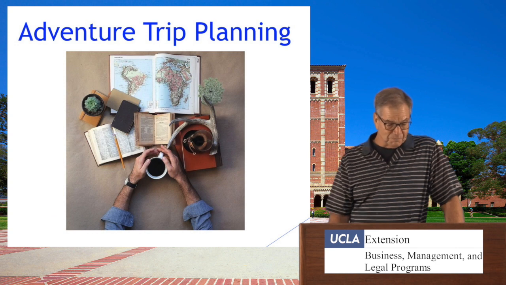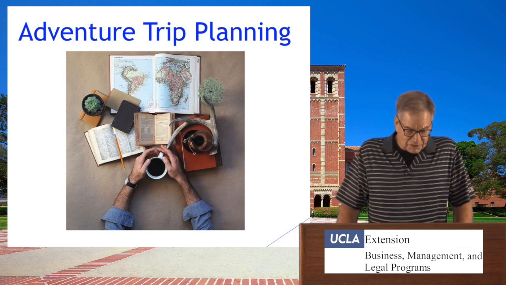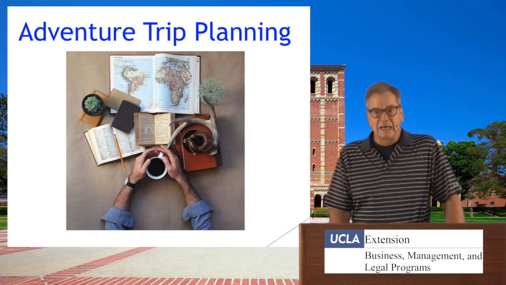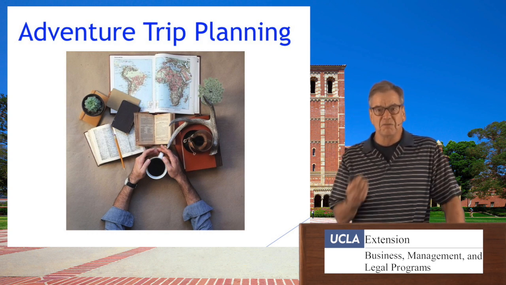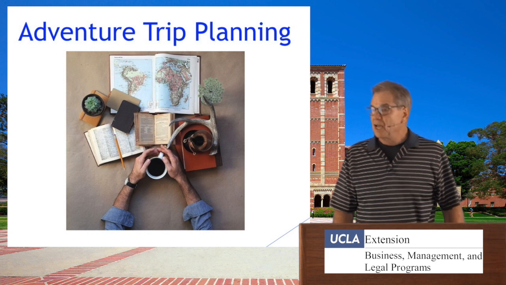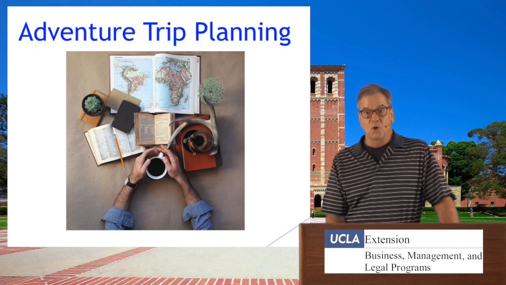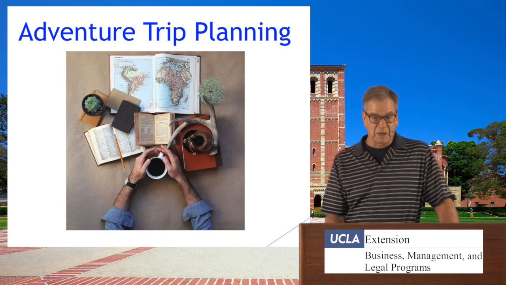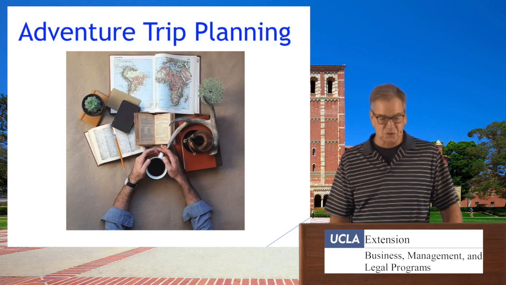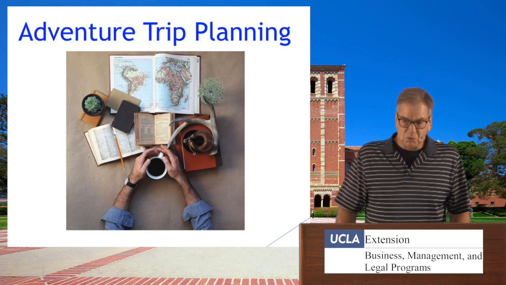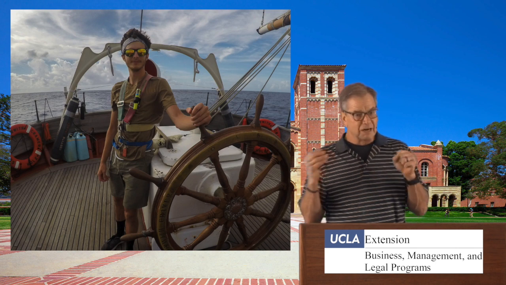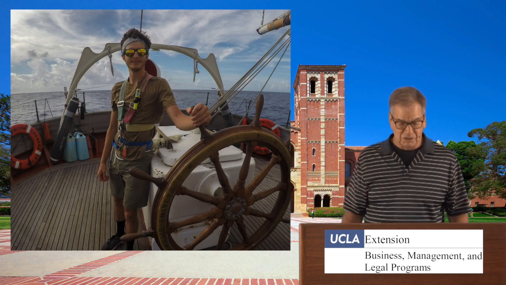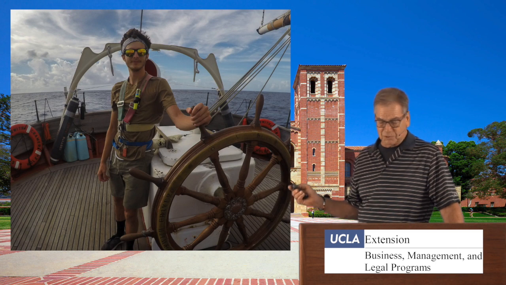And then also, as I mentioned at the very beginning of our talk, this is like adventure trip planning. You want to make sure you've got everything on board you're going to need for the journey. If you forget something, you might not be able to run back home or to the office and get it. So it's like packing a suitcase or a trunk, so that as you launch the business for phase one, you've got everything on board you need to get this business off the ground in the marketplace.